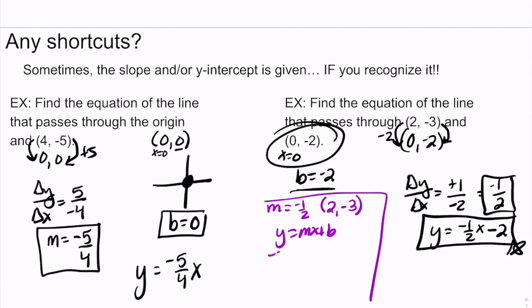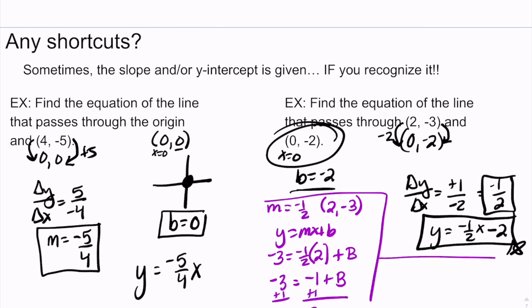My y is negative 3 equals m is negative 1/2 times x, which is 2, plus b. So negative 3 equals negative 1/2 times 2 is negative 1 plus b. We're solving for b, so we would add 1 to both sides. And negative 3 plus 1 is negative 2. So we would come up with the same answer.